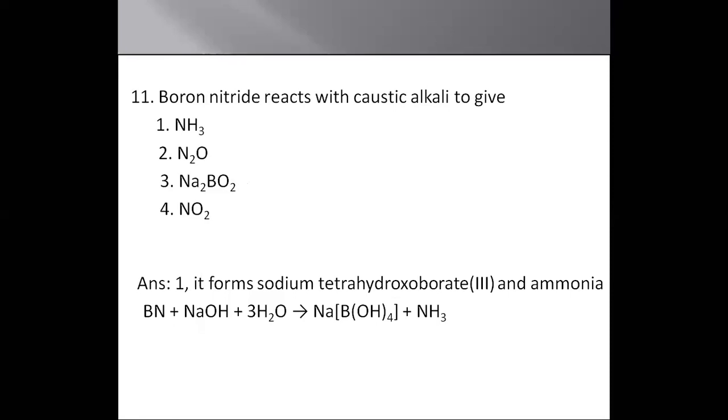In the above mentioned options, you are not given tetrahydroxoborate(III), but you have been given ammonia, which is formed as a byproduct. So I will be going with the first option, as tetrahydroxoborate(III) is not mentioned.